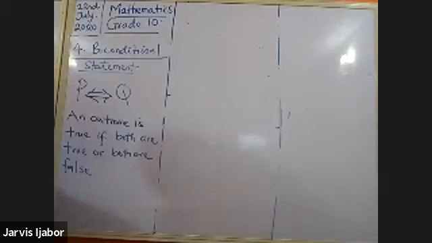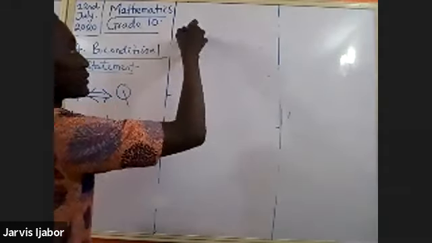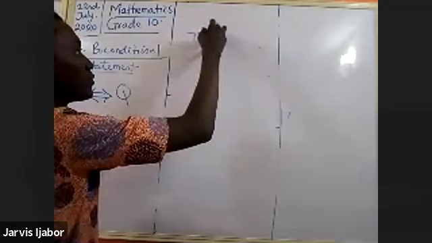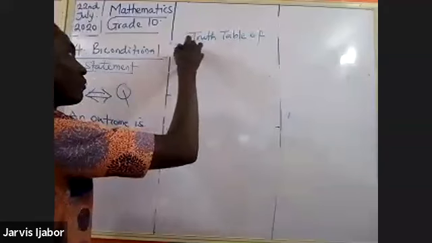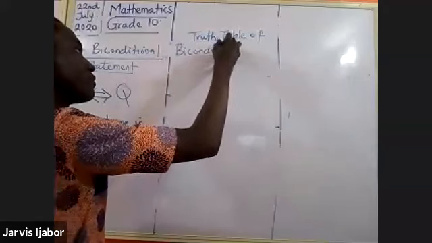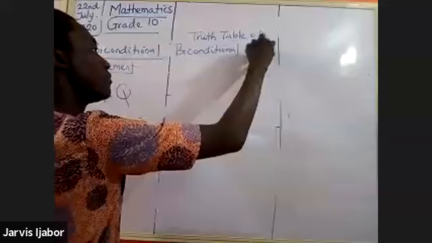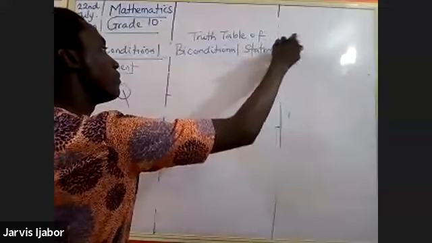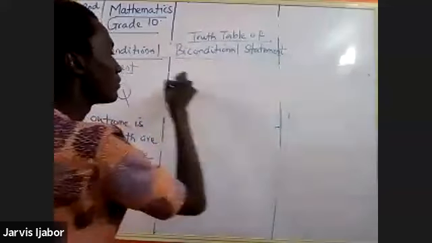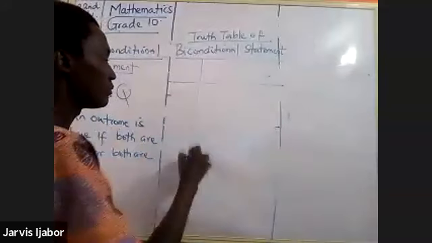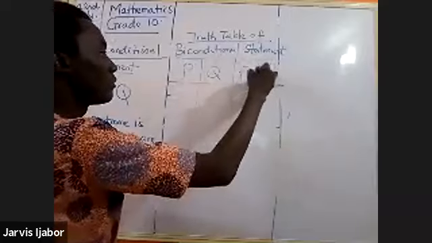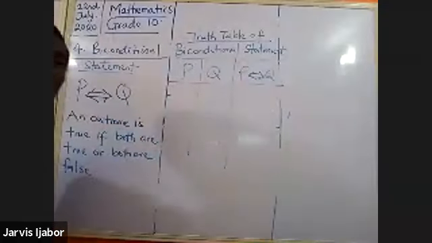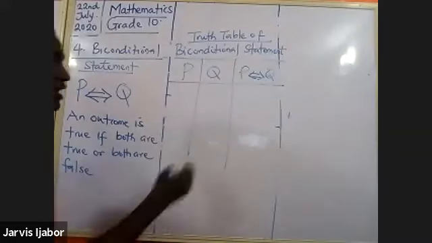So if both are true or both are false, the outcome will be true. So let's look at the truth table here. The concept of equal sets will help you do this.